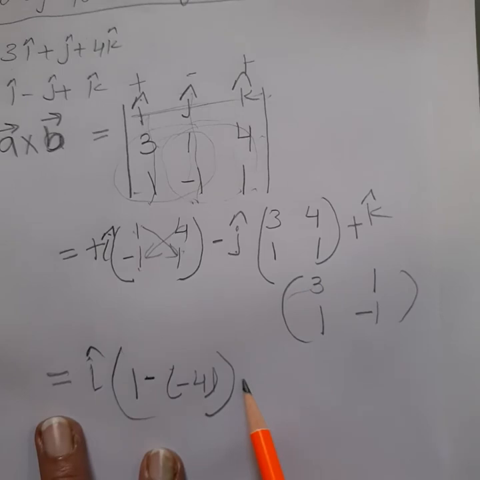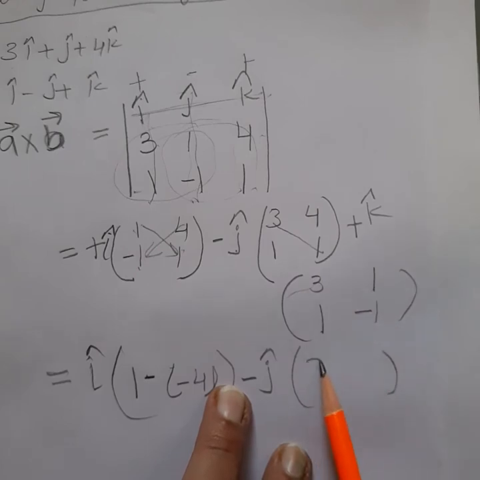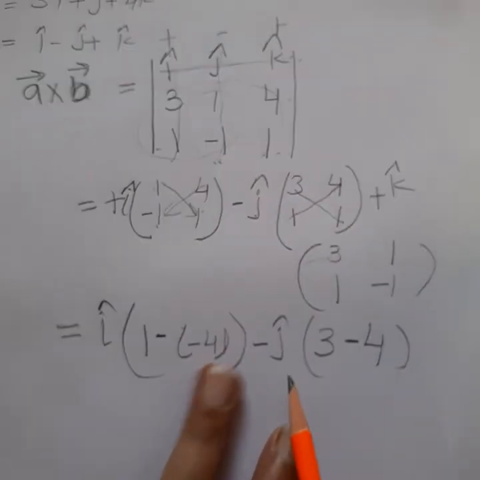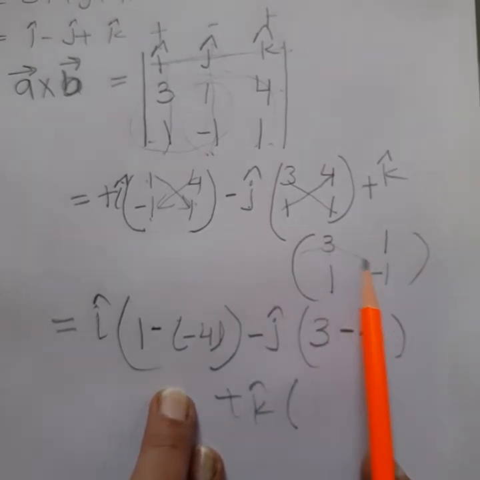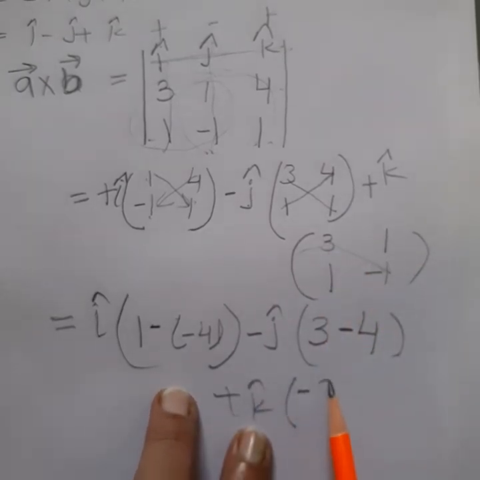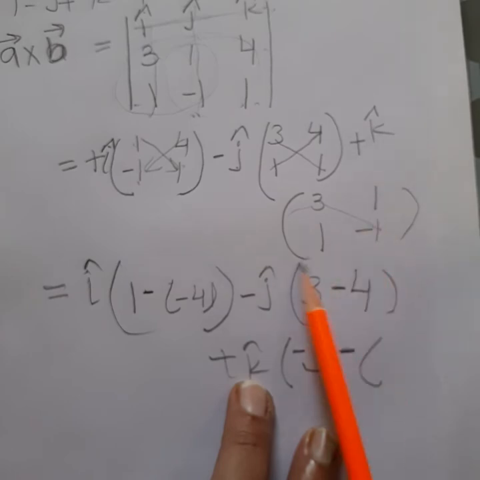Next, when we solve this bracket, in the same way we multiply 3 by 1, we get 3, and we put here the sign of minus, and you multiply 1 by 4, then you get 4. So students, for the next bracket you write here 3 into -1, you get -3, and then you put the sign of minus and multiply 1 by 1, then you get 1.